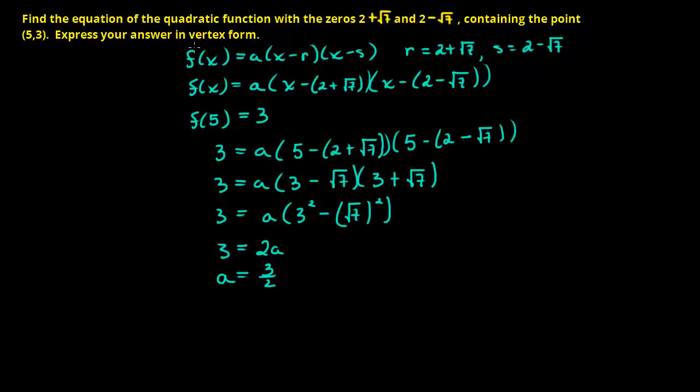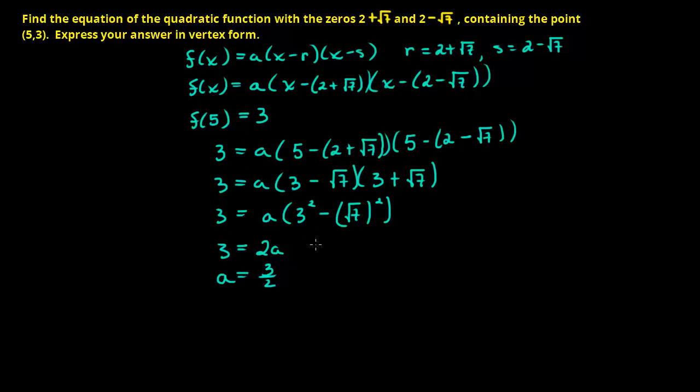But notice that the question wants us to express our answer in vertex form. And so one thing that we could do is plug in 3 over 2 for a here, and then expand this and then complete the square to figure out what the function is in vertex form. But that's a little bit algebraically intensive, so there might be a better way to do this.